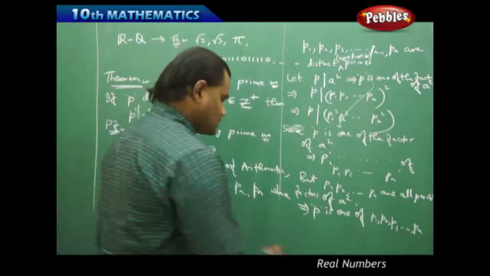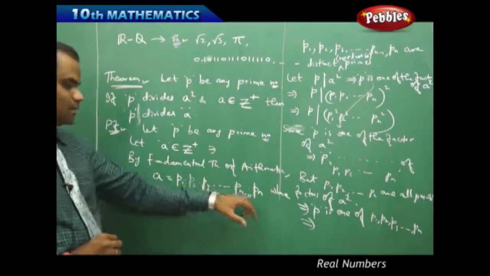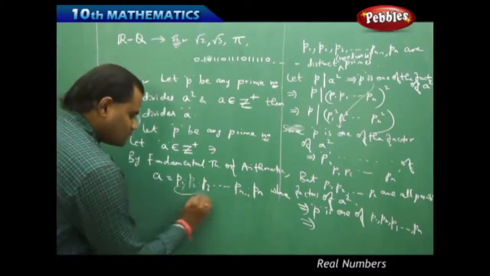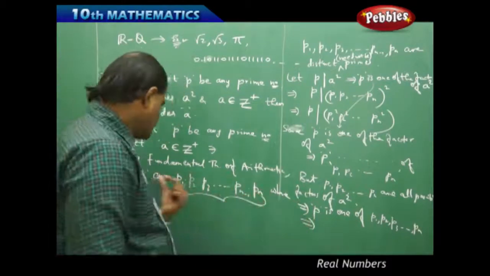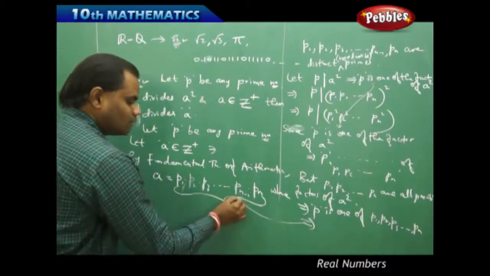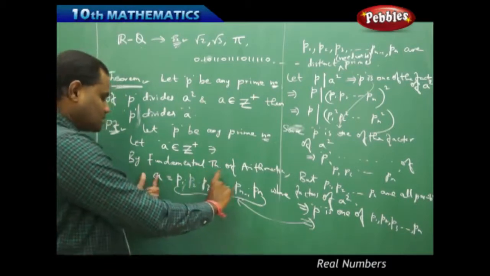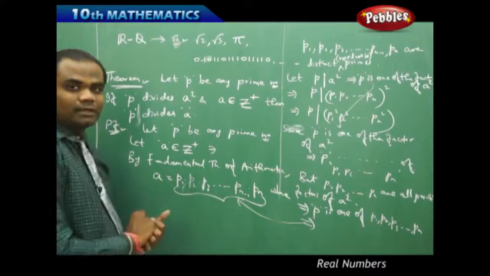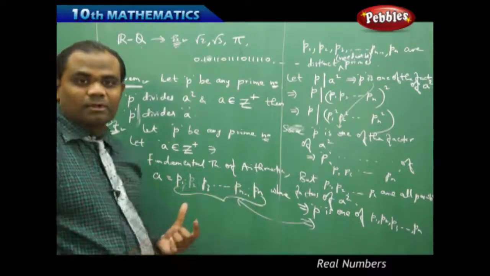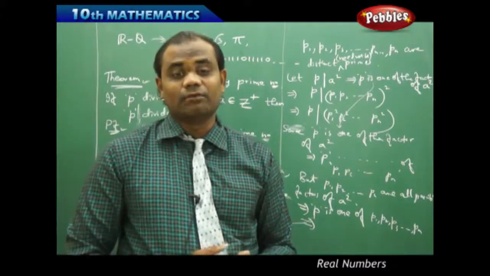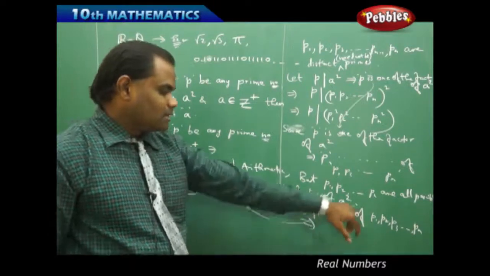When these are multiplied, the product becomes a, which means p must divide a, because p lies in one of these products. If it lies somewhere in between, then this clearly indicates that p divides a, because p is one of the factors in a, expressed in the form p1, p2, p3 till pn. That is how we understand the concept of division and factors.